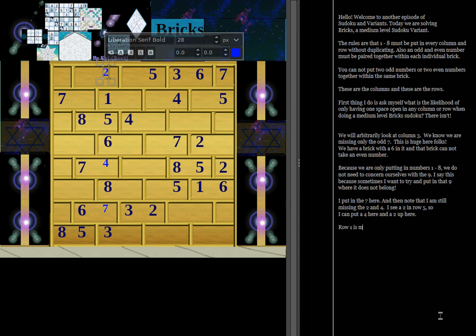Okay, row 1 is missing a 1, 4, 8. Now I know the 1 must go with the 2 because I can't put the 4 or 8 there.